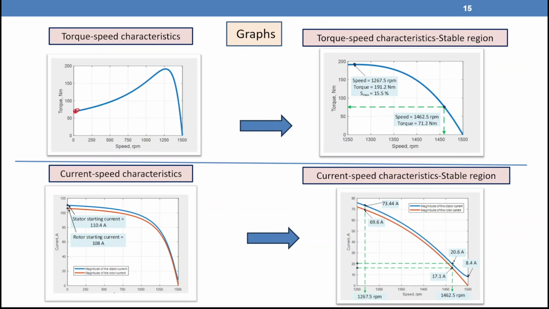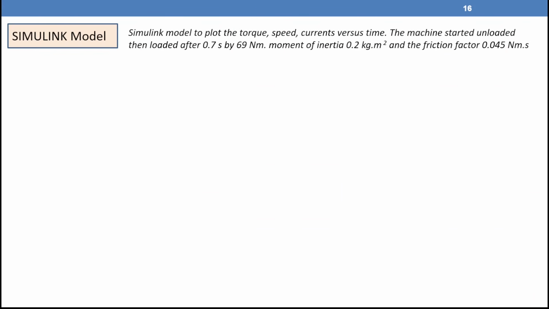So what we are going to do using MATLAB Simulink is simulate the machine as if we are in the lab to record these dynamic oscillations at starting, looking at the current, the torque, and the speed versus time. So it's required to simulate the machine and plot the torque, speed, and current versus time, and the machine will start unloaded and then loaded after 0.7 second by 69 Newton meter, which is a shaft torque.